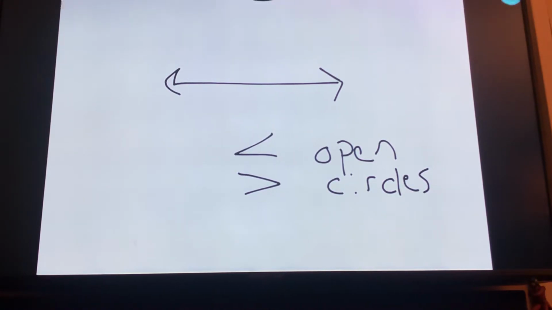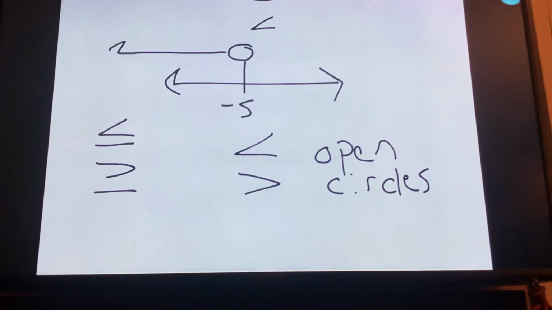These represent closed circles, and sorry it's taking like 5 million years to come up there. So since ours said that it was open, that means we go to negative 5, an open circle, and it goes on to infinity as such.